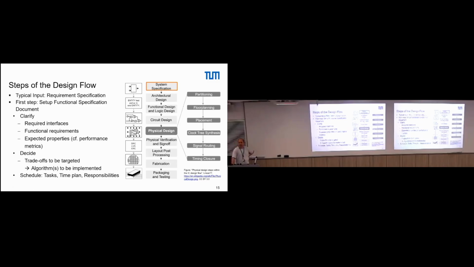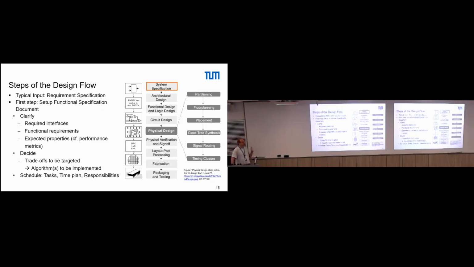That is at the end some kind of contract: what do we have to fulfill? You and your customer agree on this functional specification document, and only if this is agreed do you start, because then you know exactly what to deliver and what to prove to your customer at the end that it works.